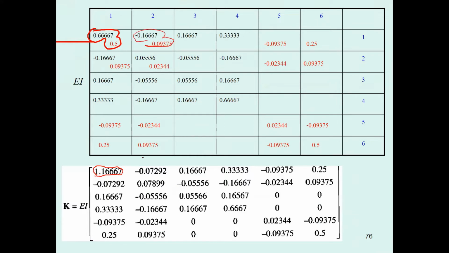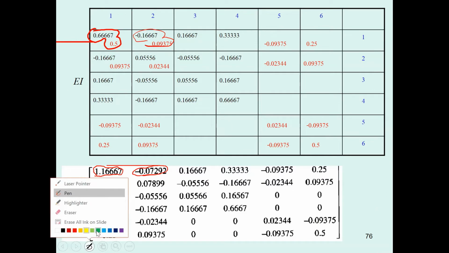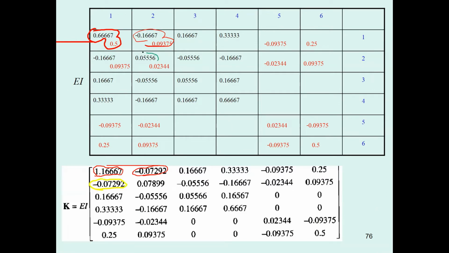Okay, this one, the second one, and then if you know this one, you may make a copy into this one, and then you have the third one to do it. See, the other, you just make a copy into this, and then if you check the symmetry, you will see that the matrix, the capital K matrix, is also a symmetric matrix.